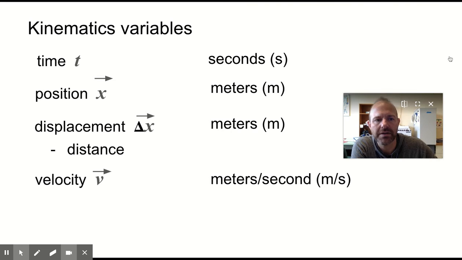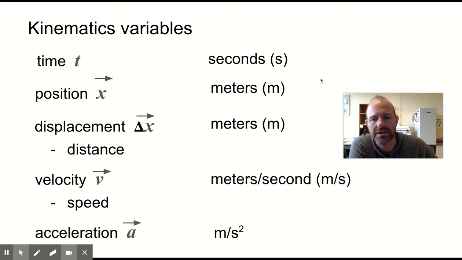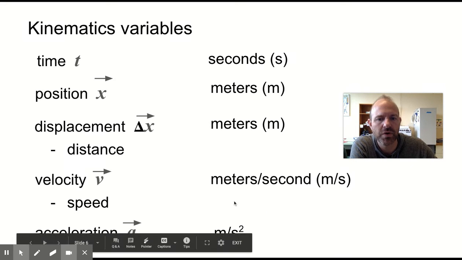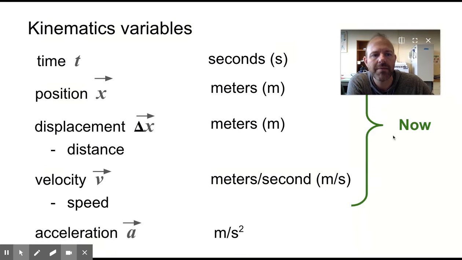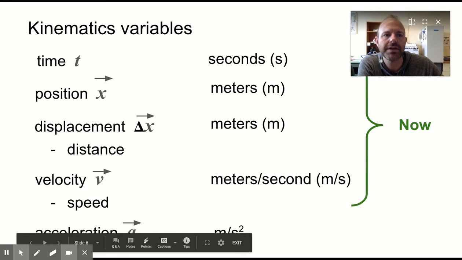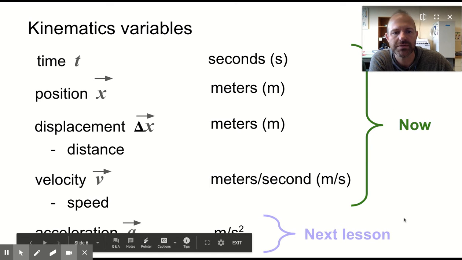And then its subset, speed, its magnitude, and then acceleration, in meters per second squared. We'll get more into acceleration next time. So right now we're talking about the first few of these.